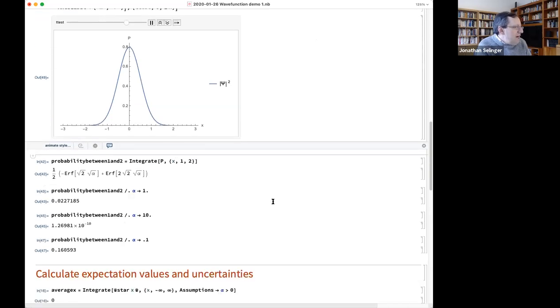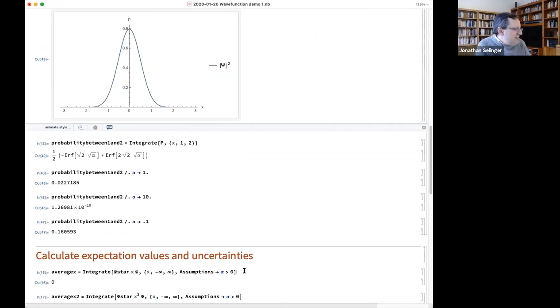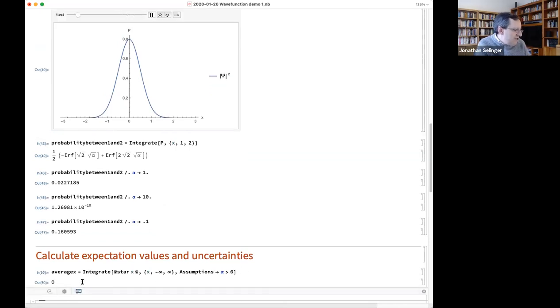Now we can calculate averages, that is expectation values. So here's the average of X. I'll tell Mathematica to make the integral sandwich, like we talked about yesterday. I tell Mathematica to calculate the integral of psi star times X times psi, integrating for X from minus infinity to infinity.